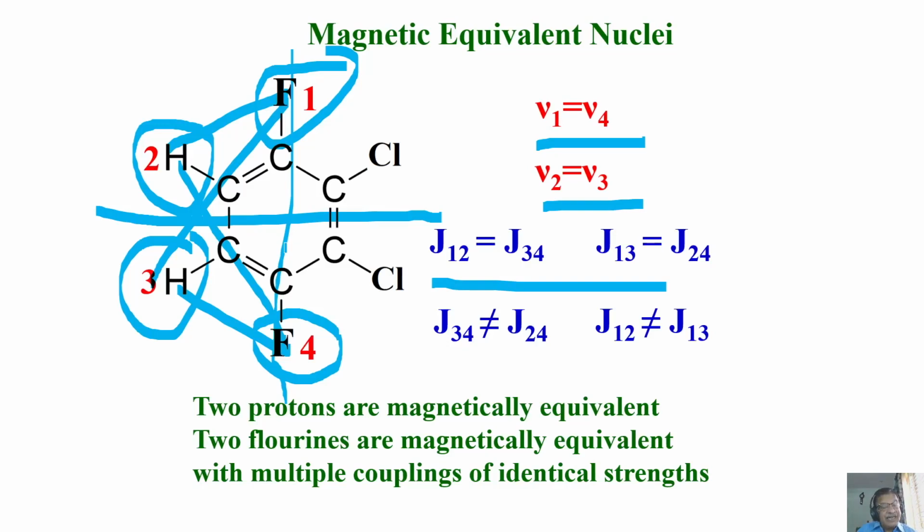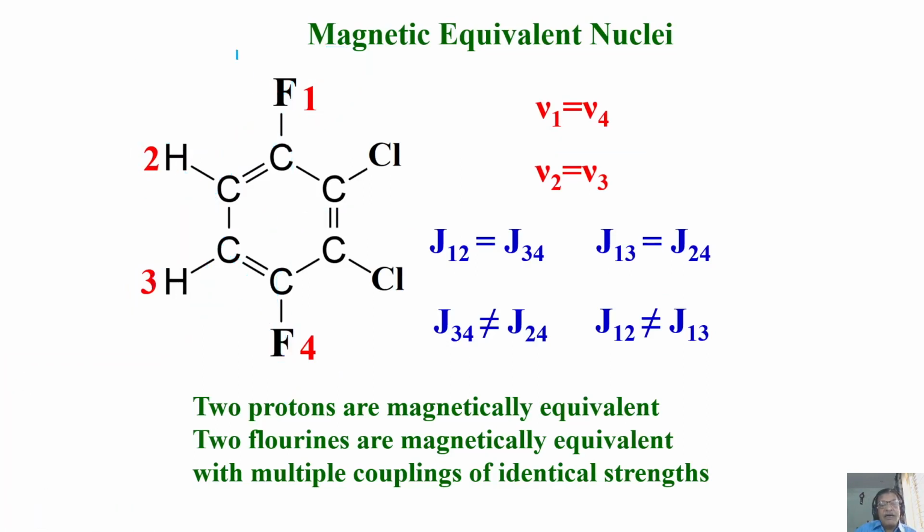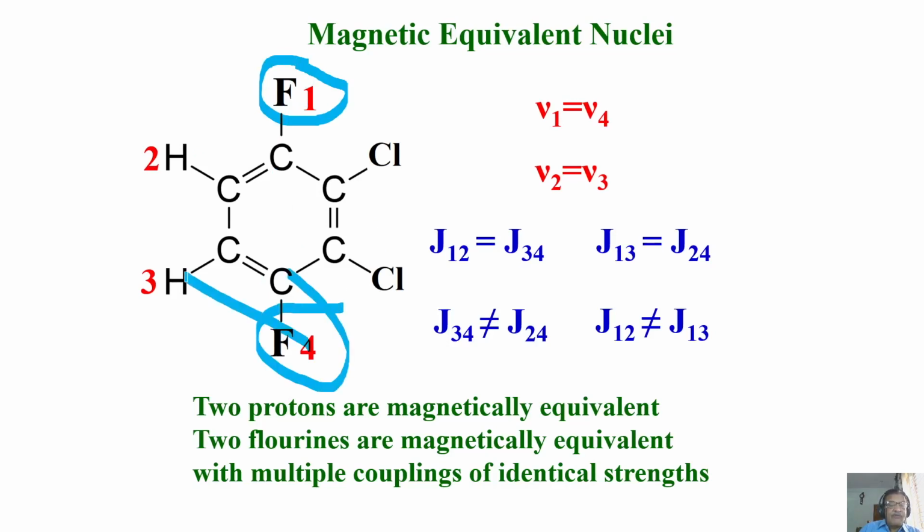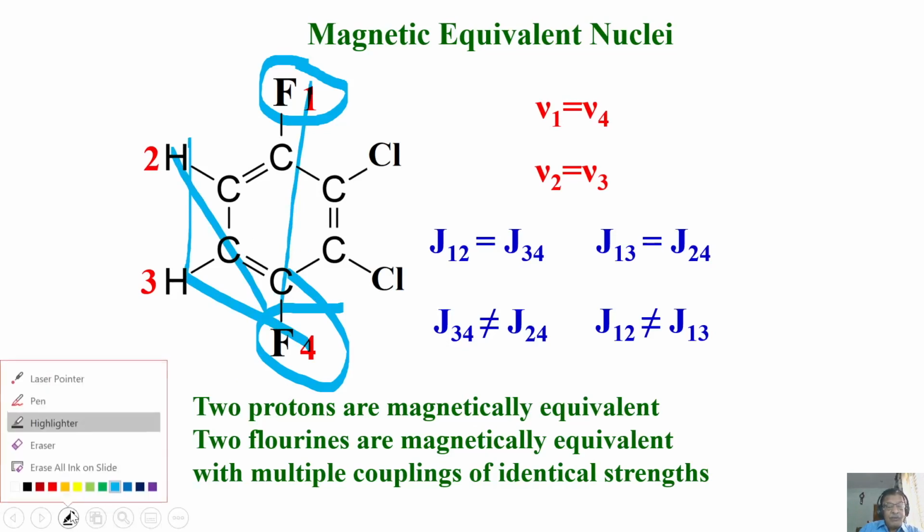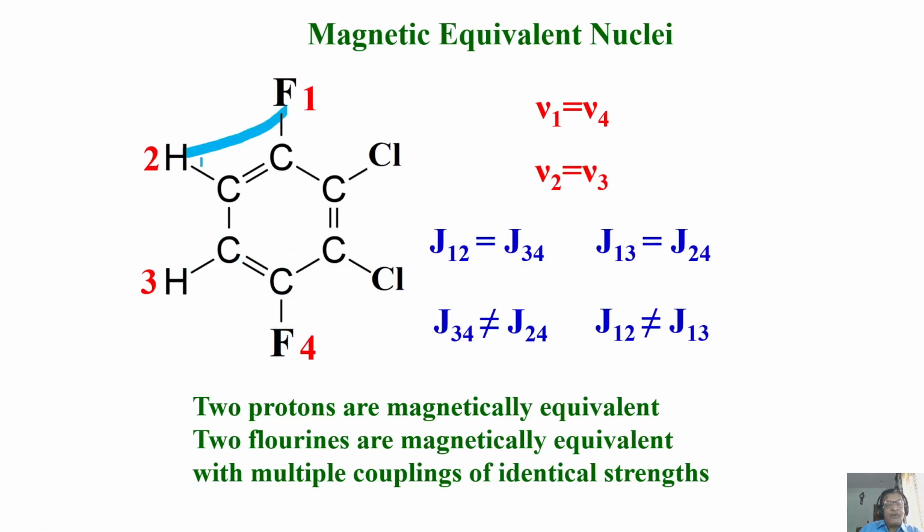Imagine, there can be a situation where we have magnetically equivalent nuclei but with multiple couplings in the same molecule. Look at this one. I'll remove all these highlighters. This coupling and this coupling are the same, so you forget about the others. You take only fluorine. Fluorine has J12, J13, J14, 3 couplings. Similarly, you take this one. This was J34, J24 and J14. There are 3 couplings. They are identical. Now go back to protons. Proton 2 has J21, J24 and J23 couplings.